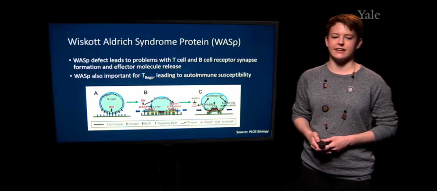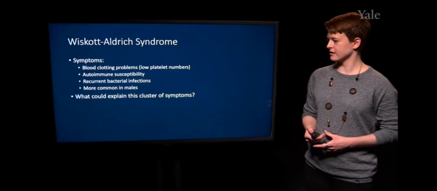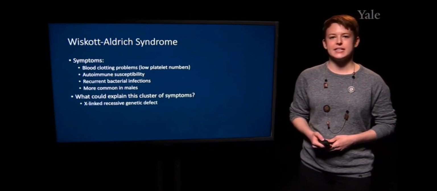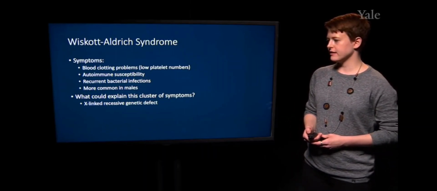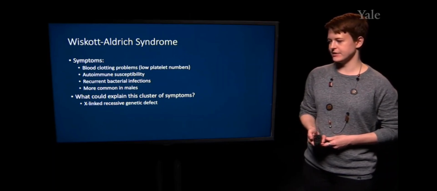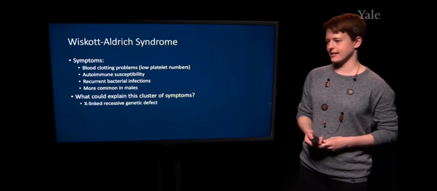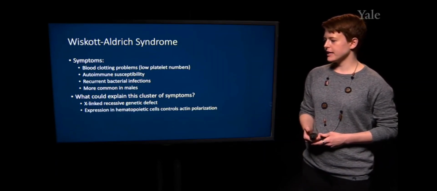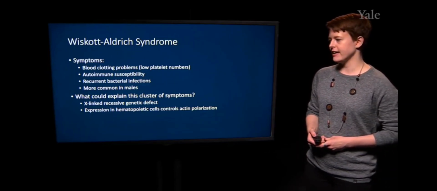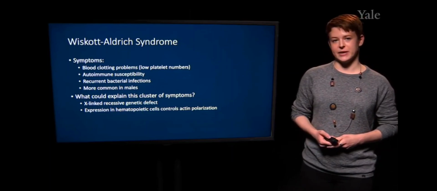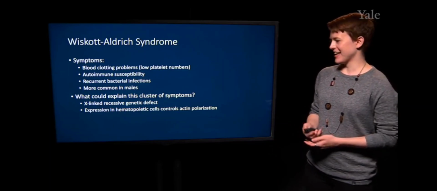Because this is more common in males, we can assume that this is an X-linked recessive genetic defect, which would be verified in experimental genetic analysis. We can also see that the expression of WASP in hematopoietic cells controls actin polymerization.